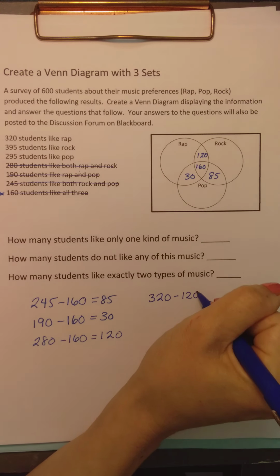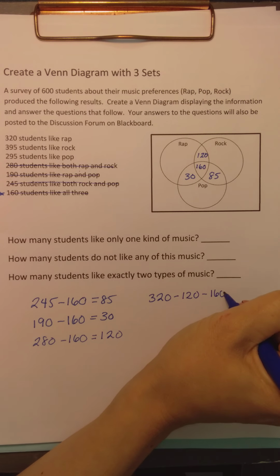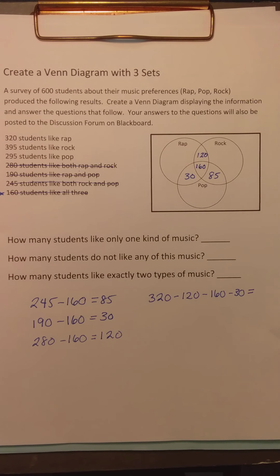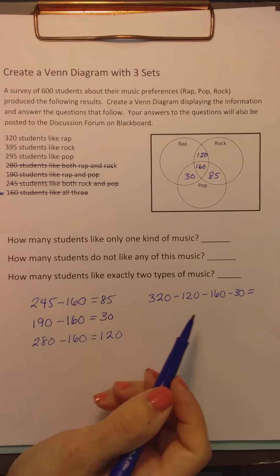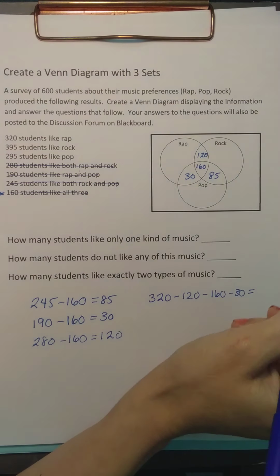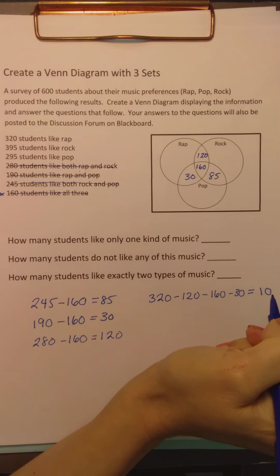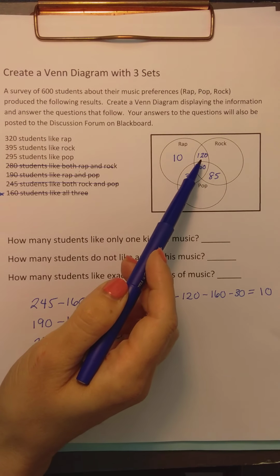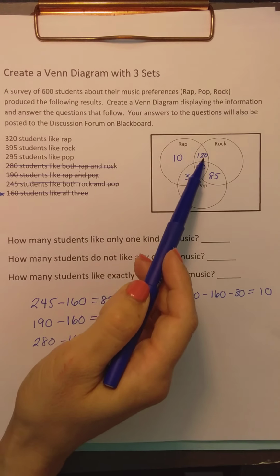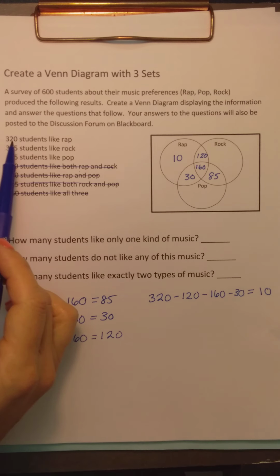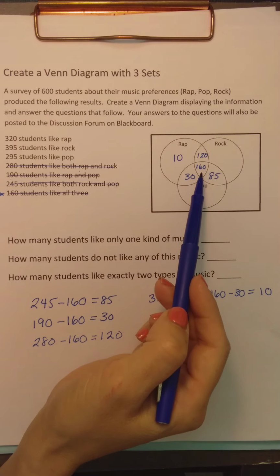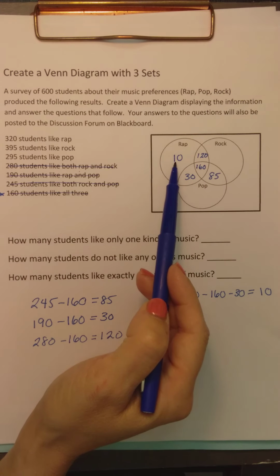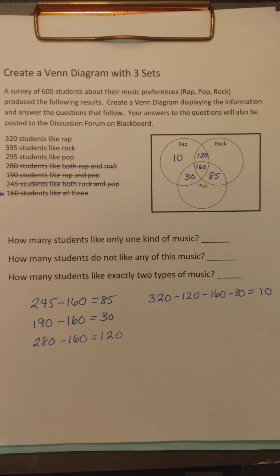So subtract 120, subtract 160, and subtract 30. So when I do that, what I will have left over in the rap only category would be 10 students. So again, I could check by totaling up these four sections of that circle, and they should total 320. So 120 plus 160 gives me 280, plus another 10 is 290, plus another 30 is 320.